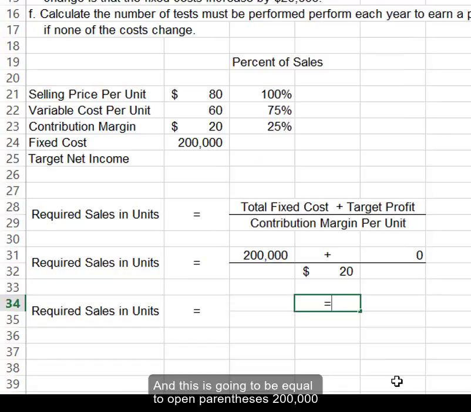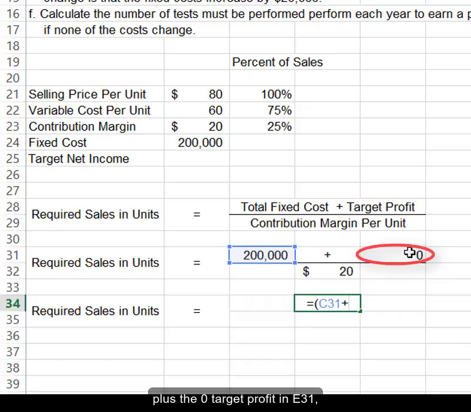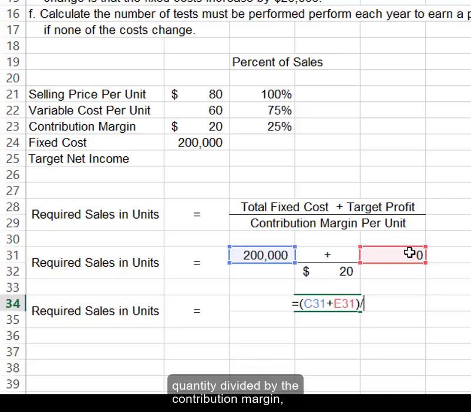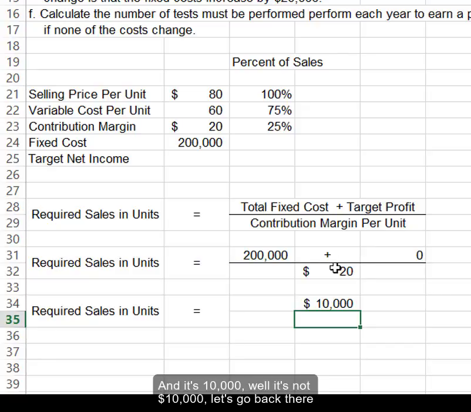And this is going to be equal to, open parentheses, 200,000, which is in C31, plus the zero target profit in E31, close the parentheses, quantity divided by the contribution margin, which is in D32. Hit the enter key, and it's 10,000.